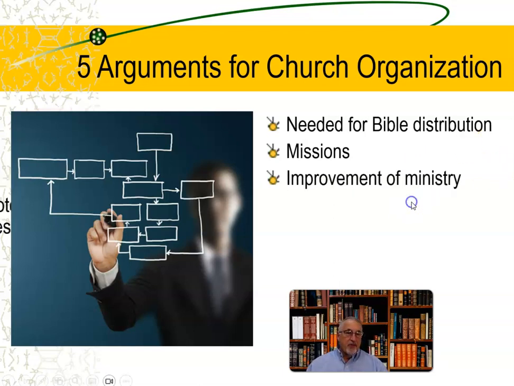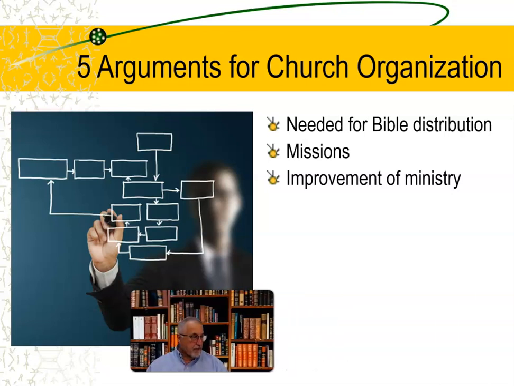Another would be the improvement of ministry. And this could be ministry in a wide variety of ways. For example, helping the young people, the children, helping orphans, training, creating schools for elementary or all the way up through high school, because a lot of education wasn't free, a lot of it wasn't readily available.